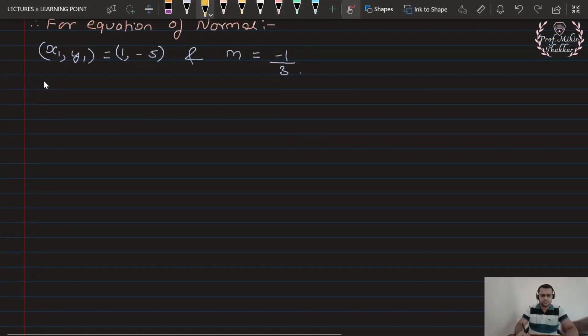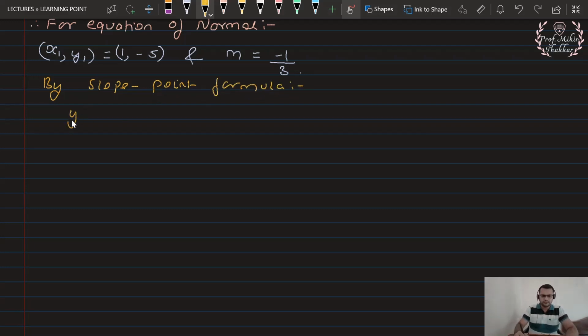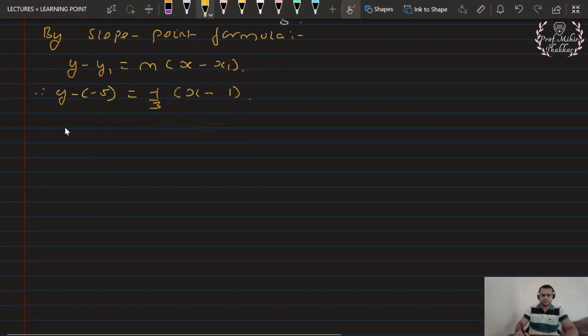So by slope point formula, y minus y1 is equal to m into x minus x1. So y minus negative 5 is negative 1 by 3 into x minus 1.